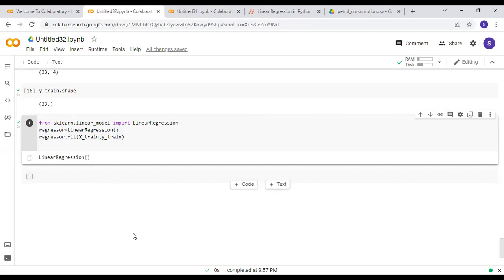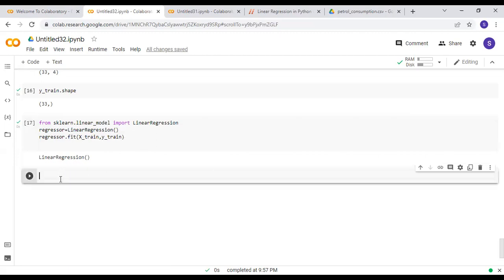Now this model, we will calculate the coefficient of the model.